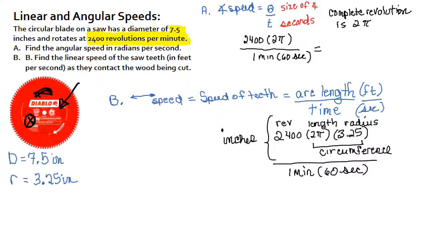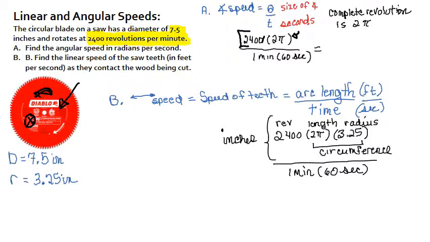It's kind of neat. So first we're going to find the angular speed of the saw blade per second. So we're going to use our angular speed, the size of the angle, which is basically, in this case, for a revolution, going to be 2 pi. And we're going to multiply that by the number of revolutions over 1 minute, but we want to know per second, so we're going to have to do it by seconds.